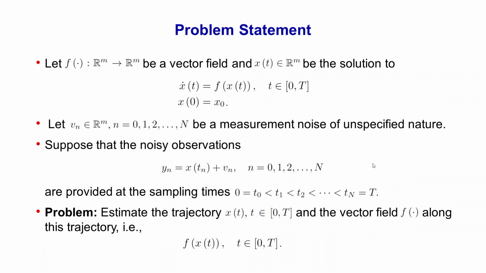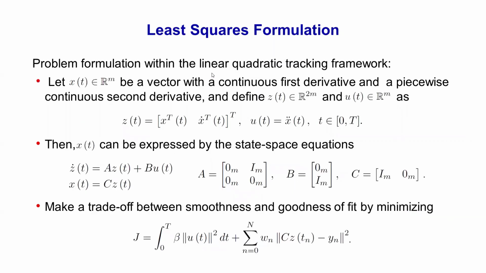And the question is how to estimate the trajectory x and the vector field f along this trajectory based on this noisy observation. The problem is formulated in the form of a least squares problem, and a linear quadratic tracking framework has been used, in which the goal is to make a trade-off between smoothness and goodness of fit of the estimated trajectories.